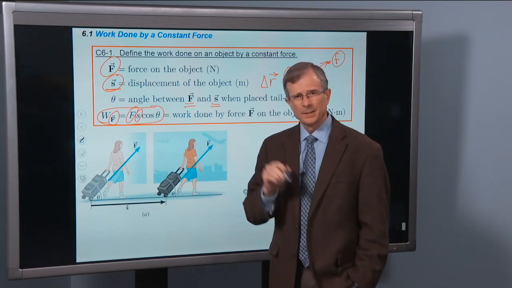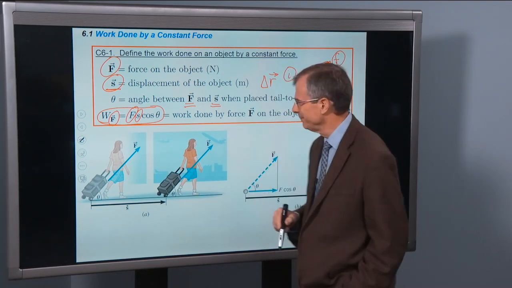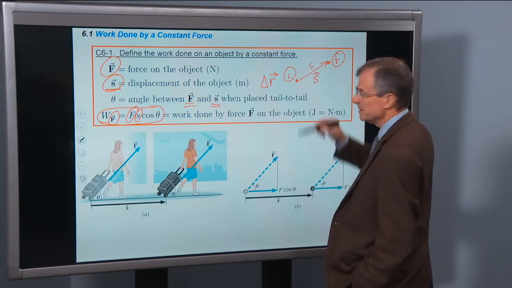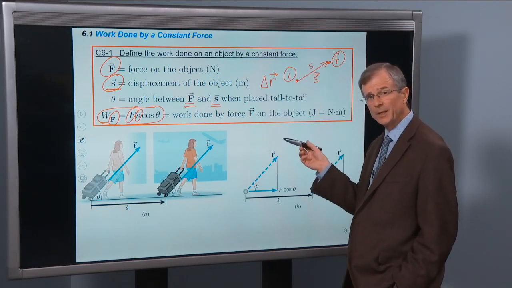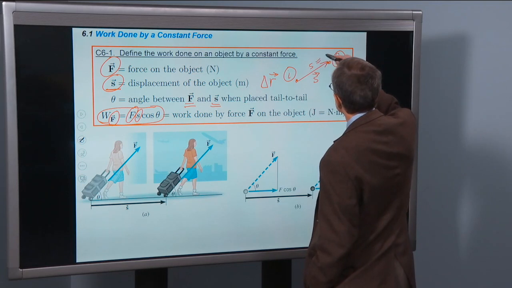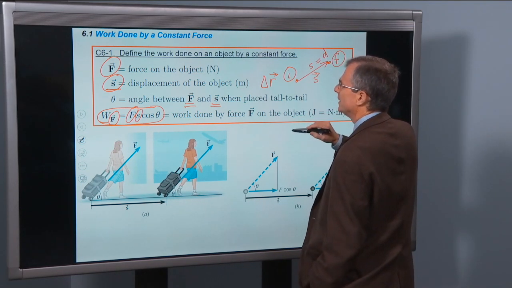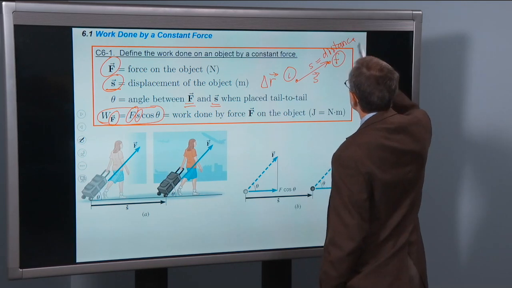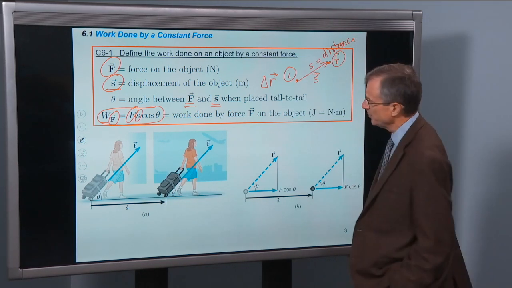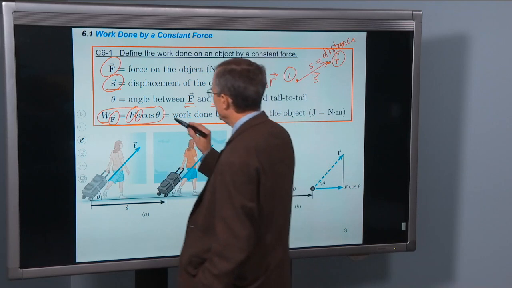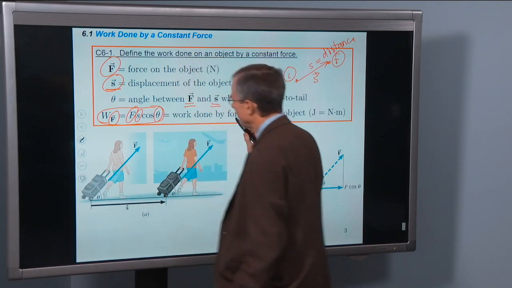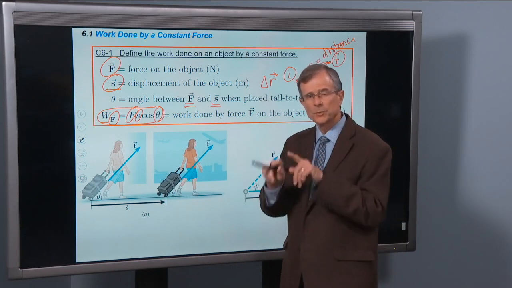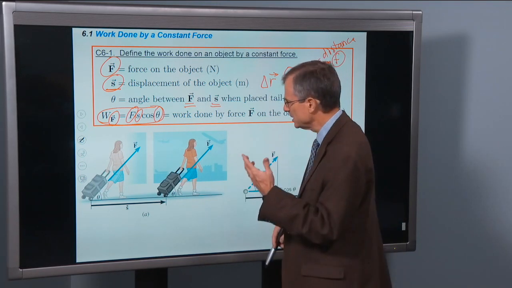What's that? If you go back to chapter 3, the magnitude of that displacement vector is simply the distance between the initial and the final positions. And then theta is what we already defined before, the angle between F and S, these two vectors, when they're placed tail to tail.